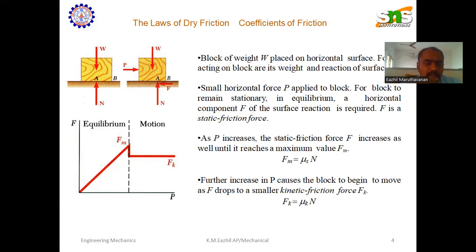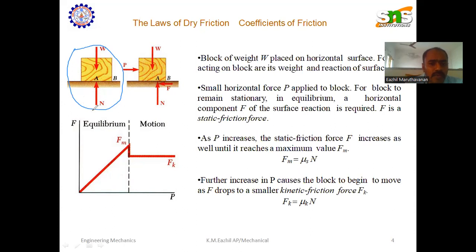Here in this image, there are two pictures of a block. The block rests on a flat surface, on a table. While considering the free body diagram of this block, the weight of the block acts downward, perpendicular to the ground plane, and the normal reaction acts perpendicular to the plane on which it lies.